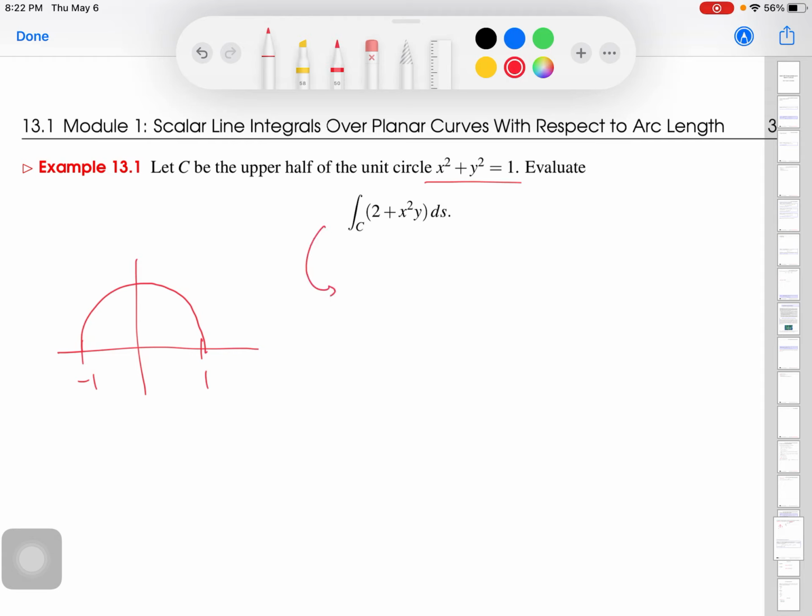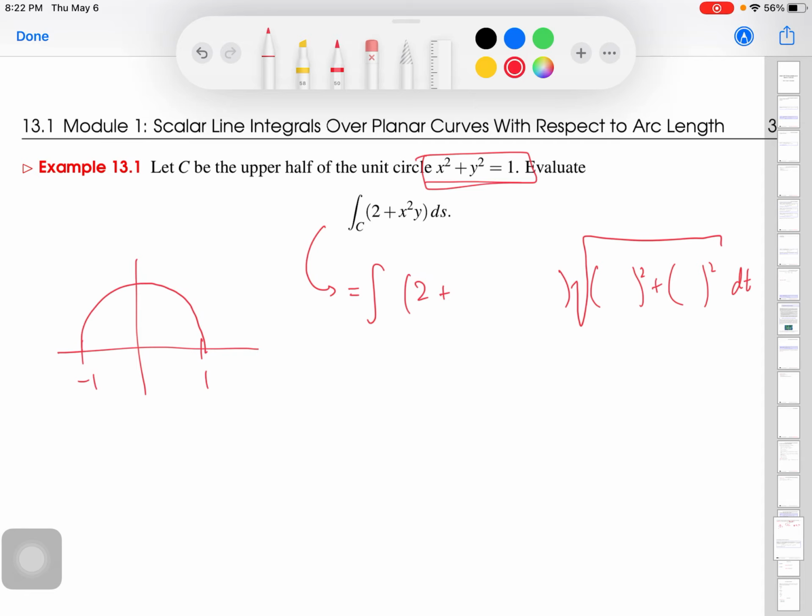Because remember, we just talked about how this is equal to the integral of 2 plus, I'm going to have to find what the x and y parameters are, times the square root of stuff squared here, dt, where the things that belong here are the derivatives of x and y with respect to the parameter t. So I want to parametrize a unit circle. You probably have seen this in previous videos already.